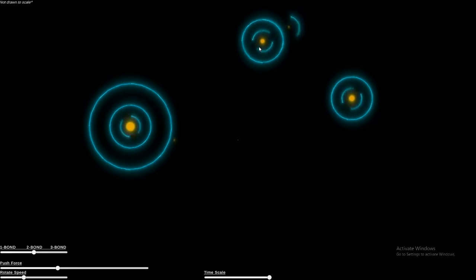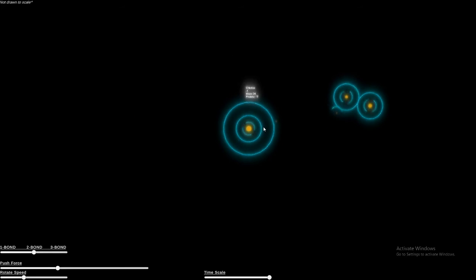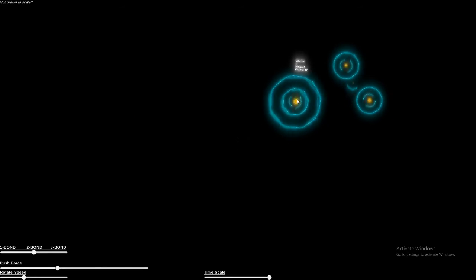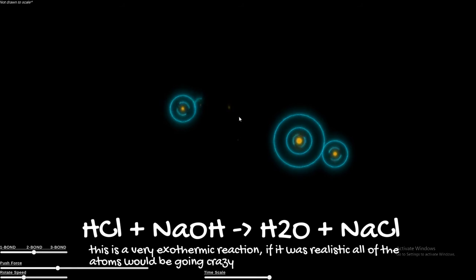If I mix them, the sodium and the chloride will mix, and the hydroxide will mix with the hydrogen. That makes water.